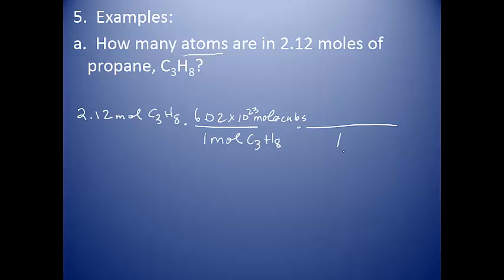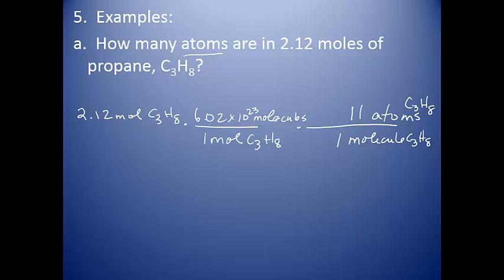So for every 1 molecule of C3H8, for every 1 C3H8 you have, we need to know how many atoms make up that molecule. So we have 3 carbon atoms, 3 carbons. We have 8 hydrogen atoms, so 8 hydrogens, and 8 plus 3 gives us 11 total atoms in C3H8.